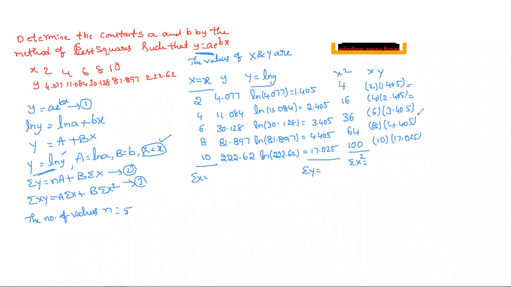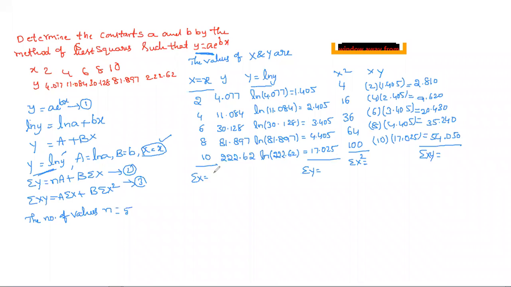So we get the values here: 2.810, and next one 9.620, and next one 20.430, and next one 35.240, and 54.050. By adding all these values we'll get summation xy.